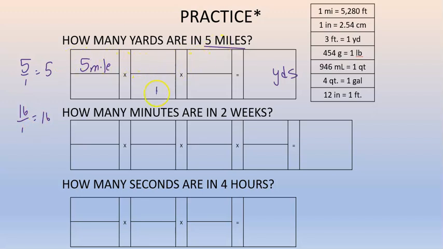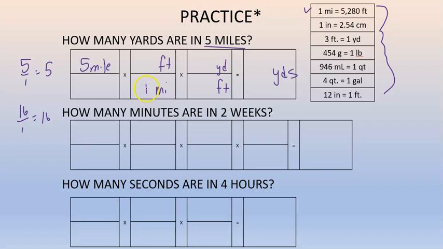So we know we're going to have miles here, and we know we're going to have yards here. So we have to figure out, how do we get from miles to yards? What conversion do I have for miles? Looks like I have this one right here. I have feet. So we're going to put feet here, and we're going to put feet here. So let's go ahead and start filling out what we have.